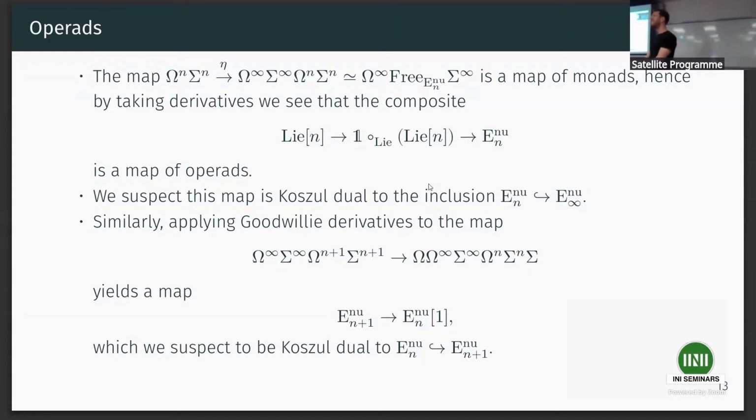Yeah. So the first map, the one from the shifted Lie operad to the non-unital En operad, it keeps the bracket and kills the commutative product, right? I think so. I'm not an expert on that. So what happened? Because the Koszul dual will keep the commutative product and kill the bracket in some sense.